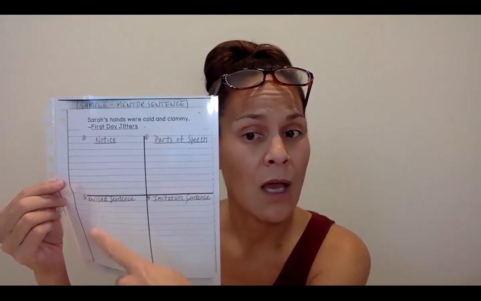We're going to talk about the parts of speech that are in that sentence. We're going to talk about a revised sentence. By revised or revision, we mean we're going to change it a little bit and maybe make it a little bit better, a little bit stronger, a little more descriptive.